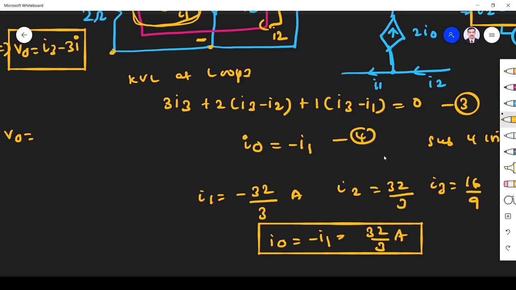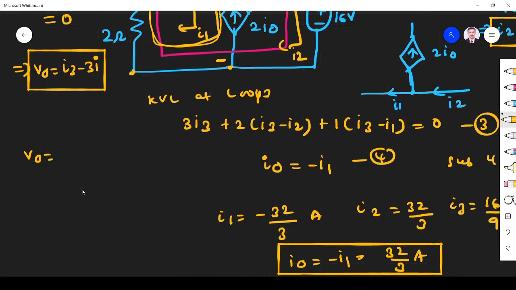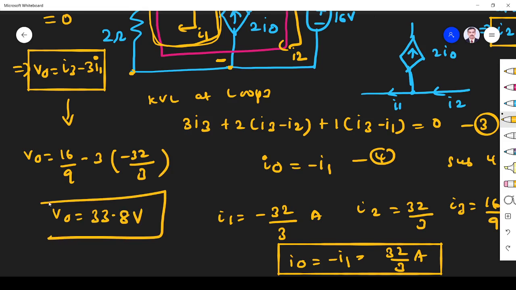So this is the answer we got. If you substitute all the values, we got I1, I2, I3 like this. In this equation, if you substitute I3 is 16 by 9 minus 3I1, where I1 is minus 32 by 3. If you simplify, V0 is equal to 33.8 volt. So this is the V0 value.